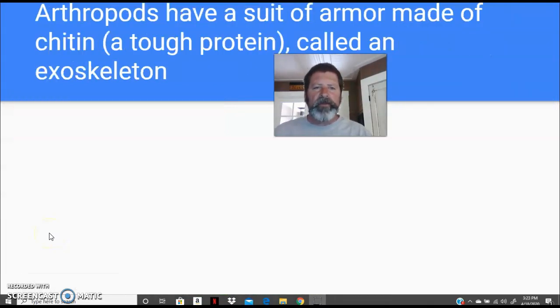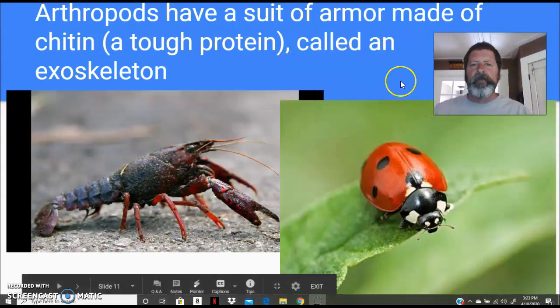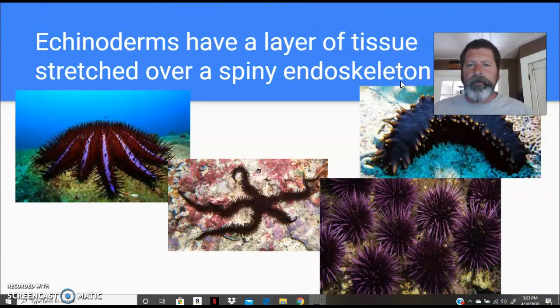That's one means. Arthropods have a suit of armor, exoskeleton that's made out of a really tough protein called chitin. You have to be careful if you're a human, if you're eating insects, you want to typically cook them because chitin sometimes can cause an allergic reaction.